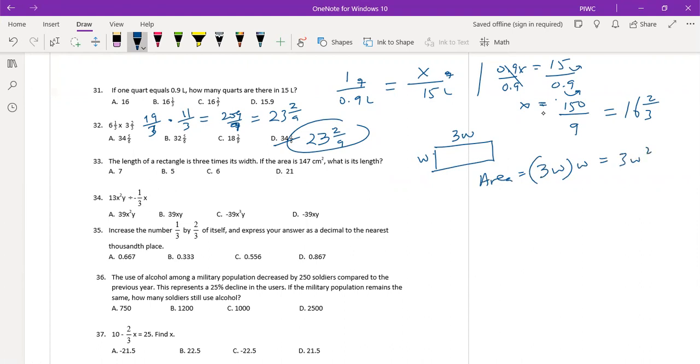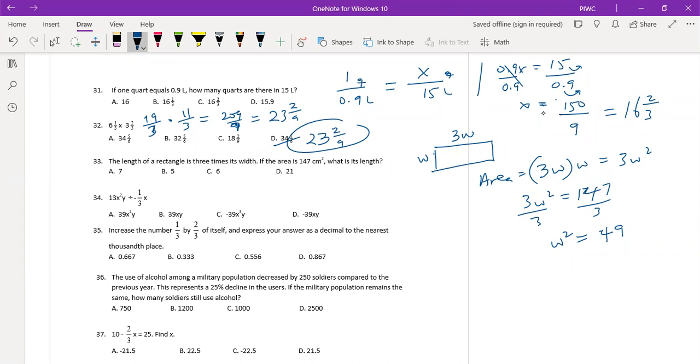But we know that this is 147. So 3W squared is equal to 147. Divide by 3 on both sides. So W squared is equal to 49. How do I get W by itself?